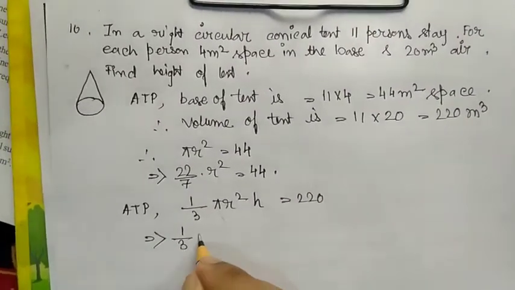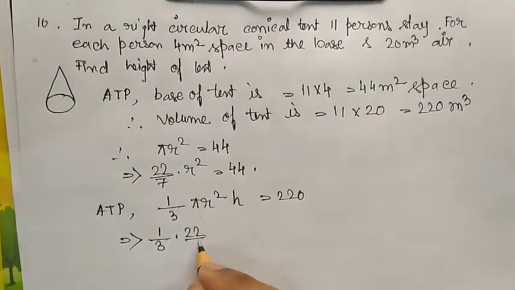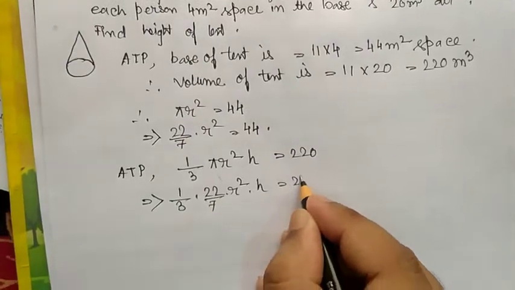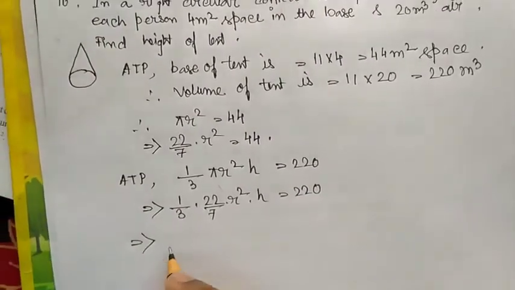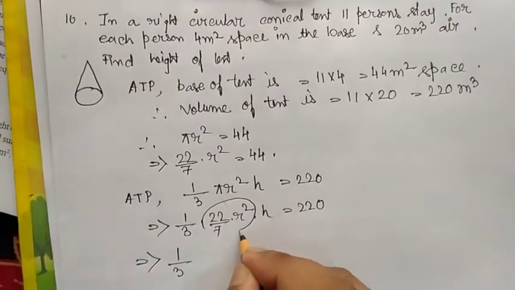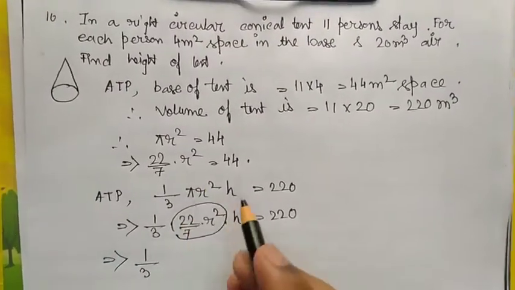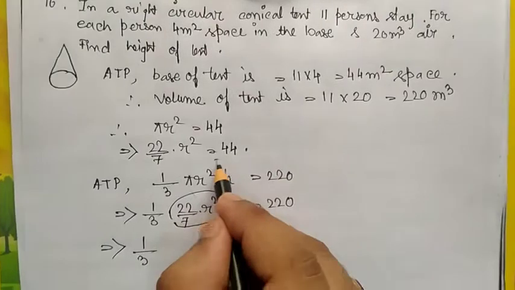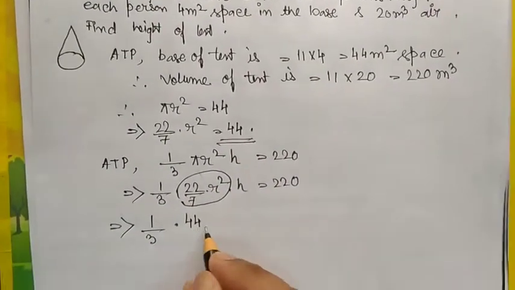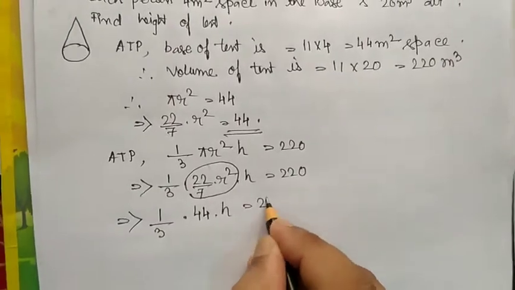So 1 by 3 into 22 by 7 r square into h equals 220. Now this is 22 by 7 r square, or pi r square, so in place of it we can write 44. So 44 into h equals 220.